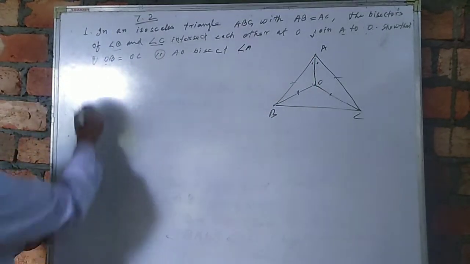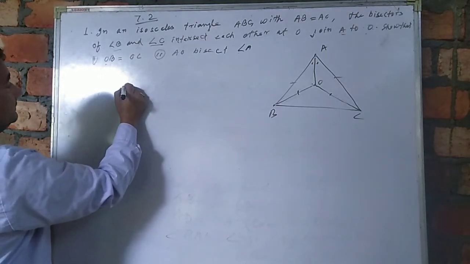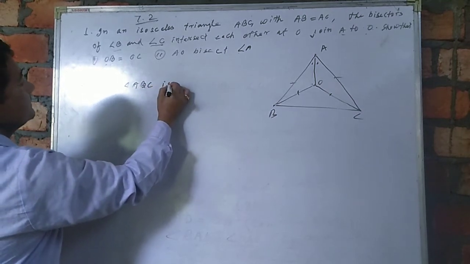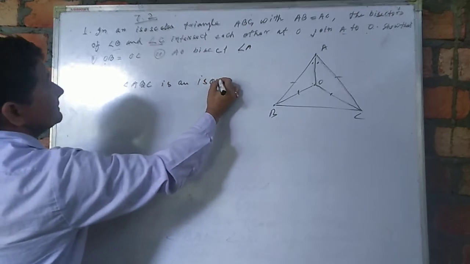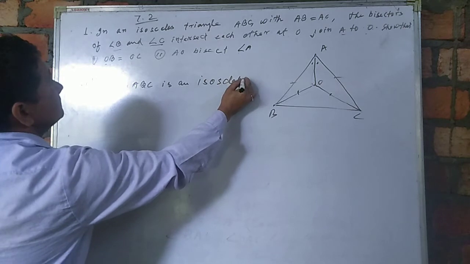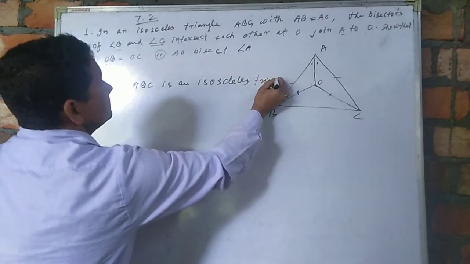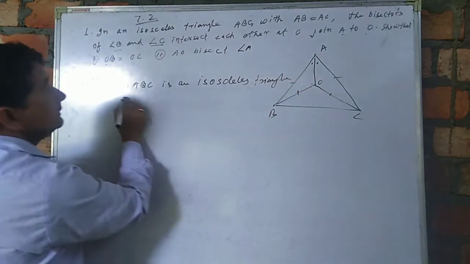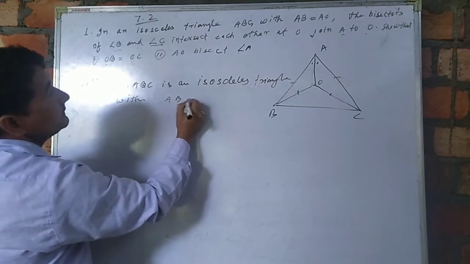Now first, given: triangle ABC is an isosceles triangle with AB equal to AC.